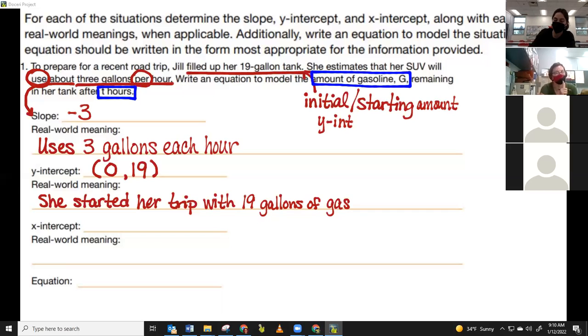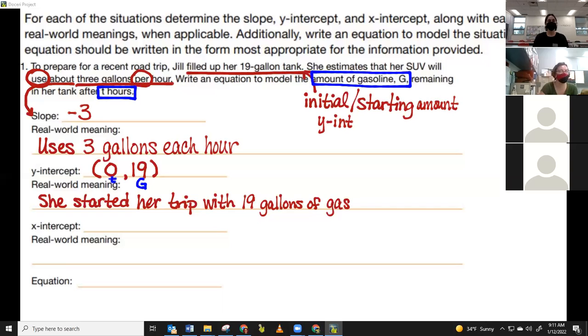All right, so I want to look at that ordered pair, the y-intercept. Is the 19 hours, T, or gasoline, G? Which one is the 19? 19 is gallons of gasoline. So this is G, which means 0 has to be hours.